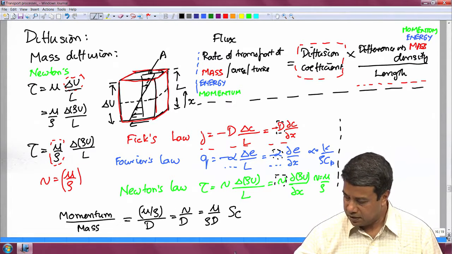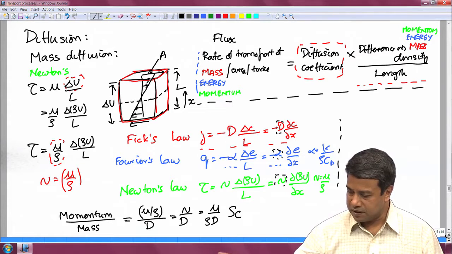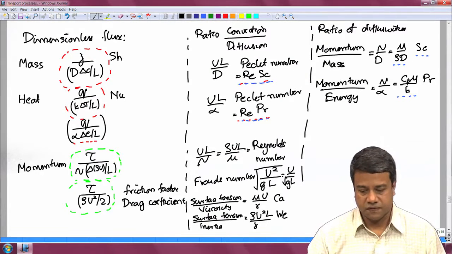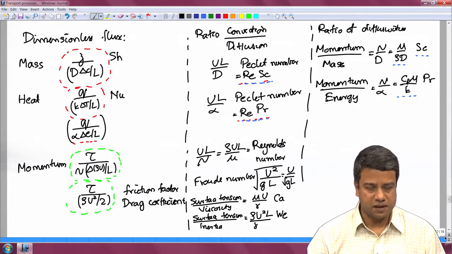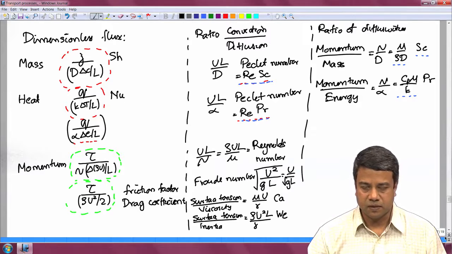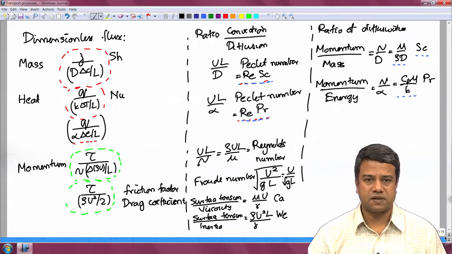Dimensionless numbers can be broadly written as dimensionless fluxes, mass, momentum and heat fluxes. The mass flux is the Sherwood number, the heat flux is the Nusselt number. Momentum flux is non-dimensionalized differently, conventionally, in comparison to mass and heat flux.